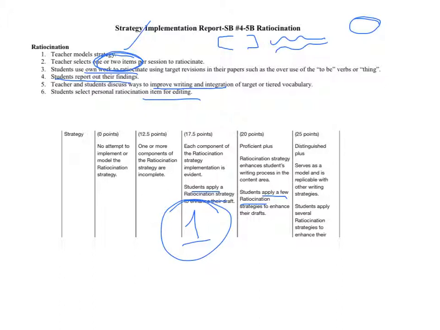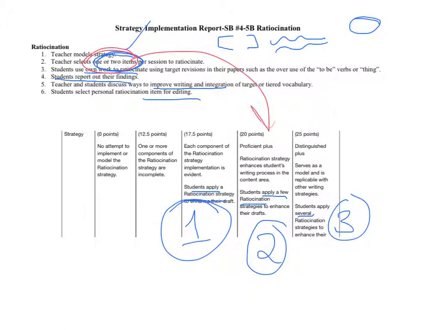I would say that this is probably 2 items that they're looking to ratiocinate. And then this is several, so that's 3 or more. You are only required to do 1 or 2. So if you do 2, you will fall into here. If you do extra, you will fall into here. If you do 1, that's where you're going to go.